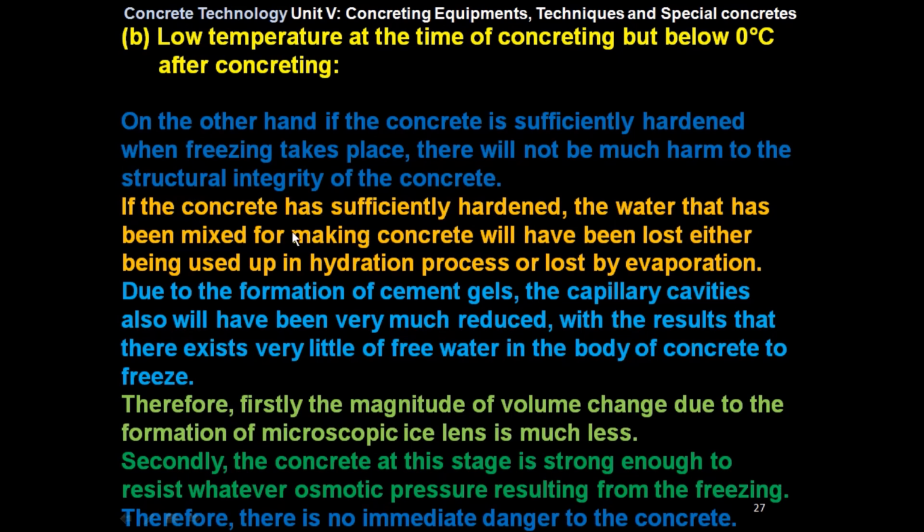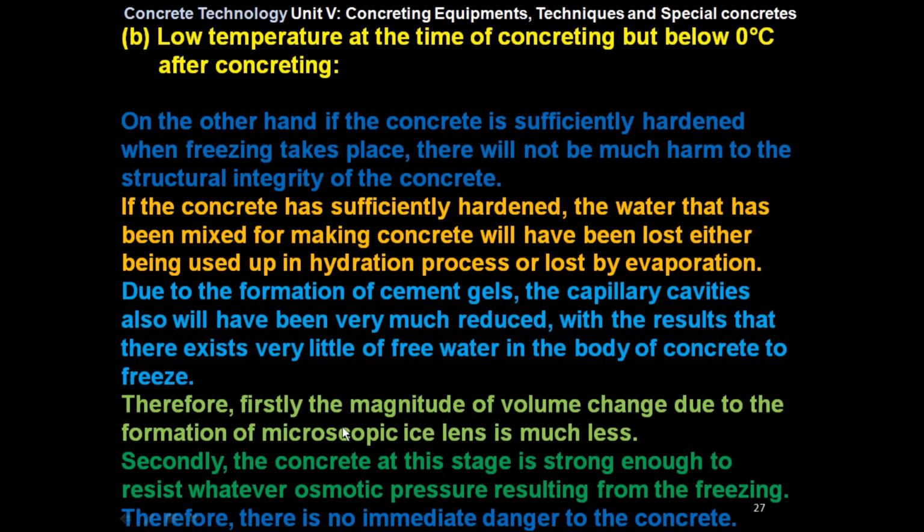If the concrete has sufficiently hardened, the water that has been mixed for making concrete will have been lost, either being used up in the hydration process or lost by evaporation. Due to the formation of cement gels, the capillary cavities also will have been very much reduced, with the result that there is very little free water in the body of concrete to freeze.